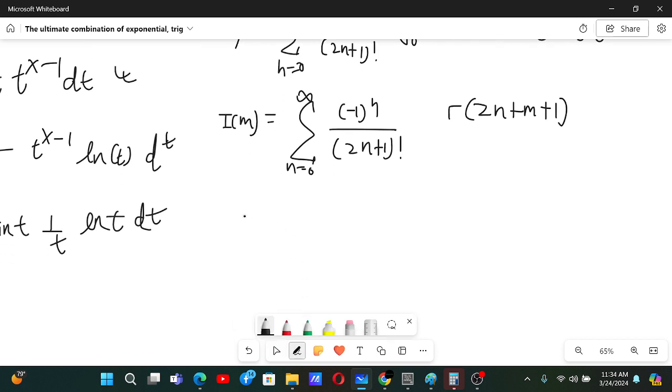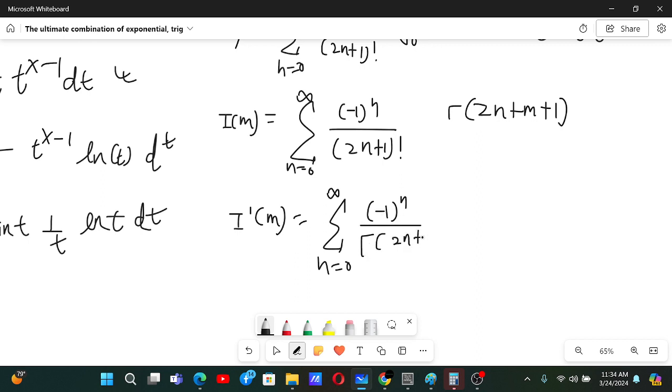So I dash of m will now be sum from n equals 0 to infinity, minus 1 to the power n, this is gamma of 2n plus 2, and this is gamma dash of 2n plus m plus 1.